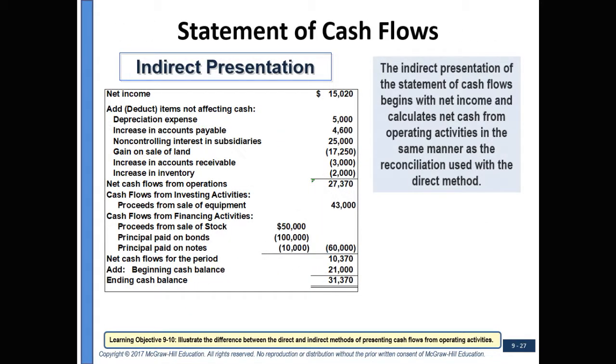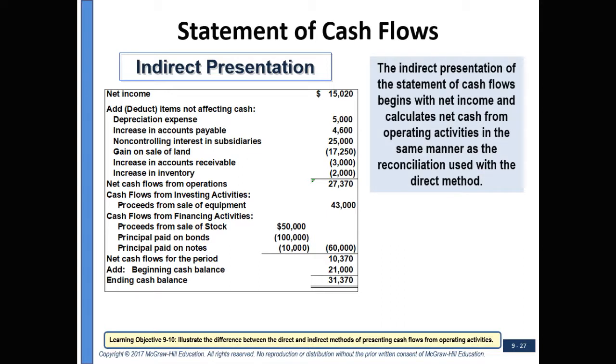Here we have the rest of the indirect presentation. So we started with net income. And we had that reconciliation to net cash flow from operations. Then we have cash flow from investing and financing activities, and that is literally exactly the same as it is underneath the direct method.